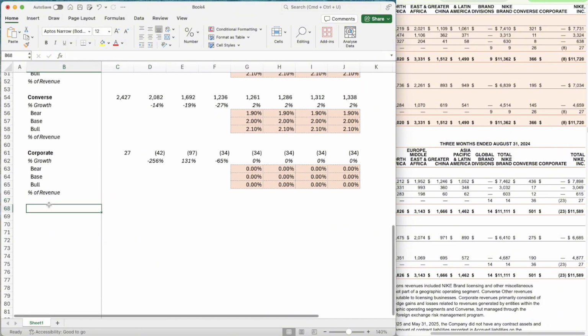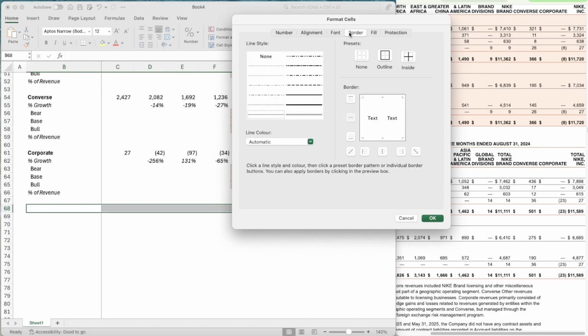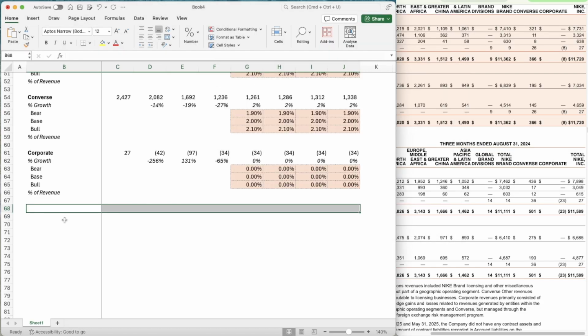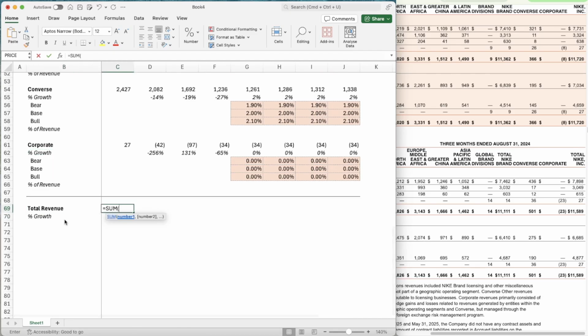That's the revenue build. Well, we've just got to do a total. Let's put a border, just put a hard line. Go total revenue, put it in bold. Go equals sum.